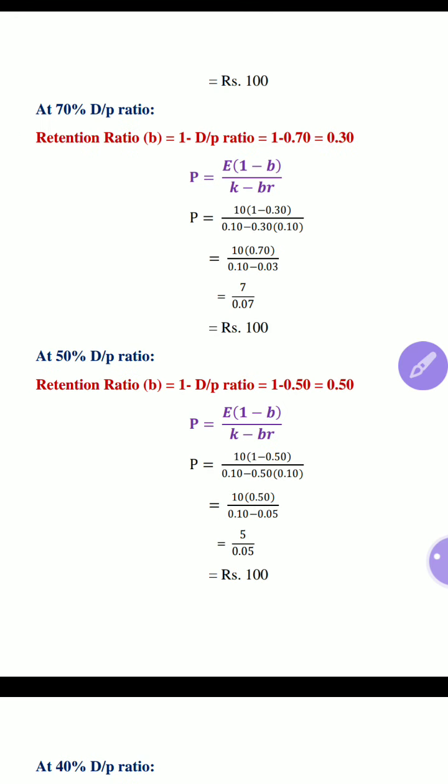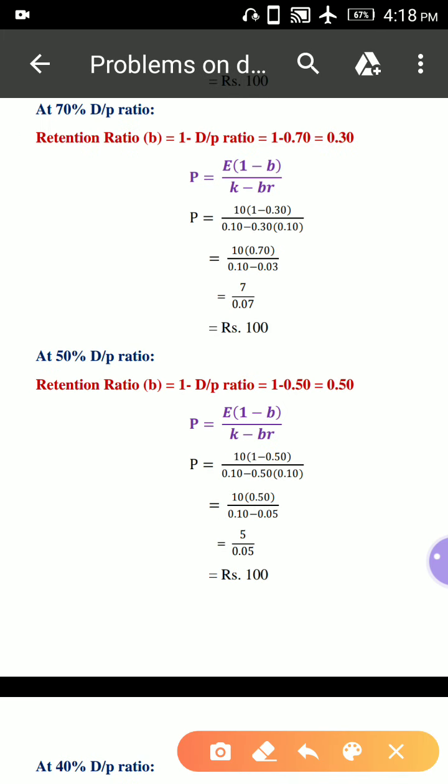See here, and the next one, at 70% dividend payout ratio, 1 minus the dividend payout ratio is equal to 1 minus 0.70, that is equal to 0.30.